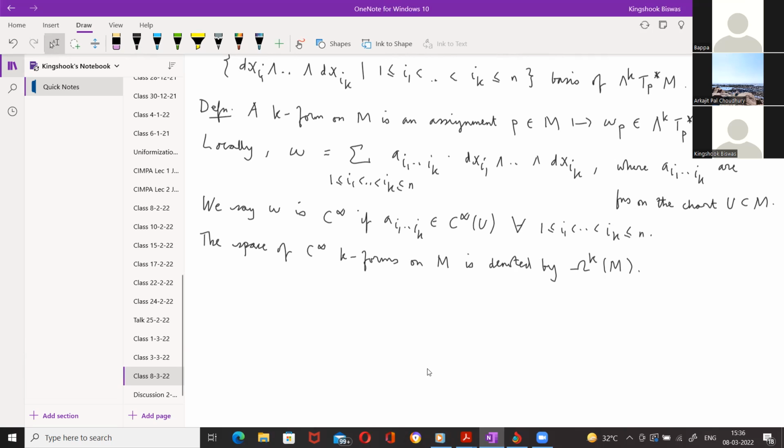So now, like we did for forms in Rn, we have pullback of forms.